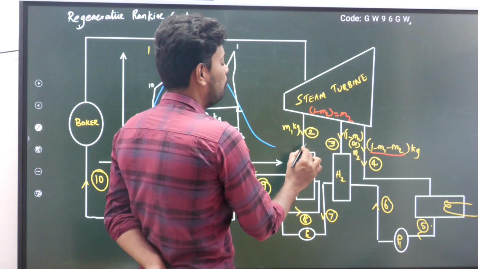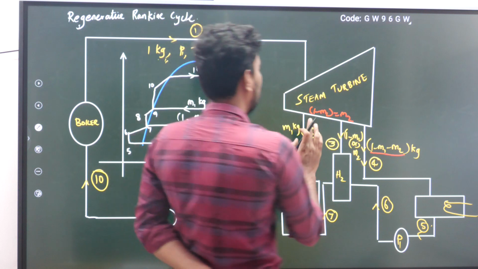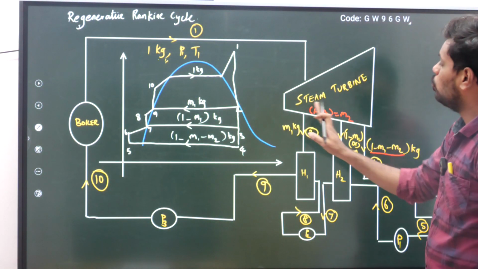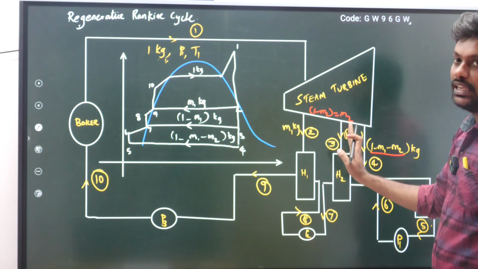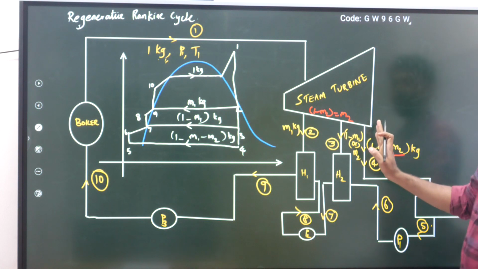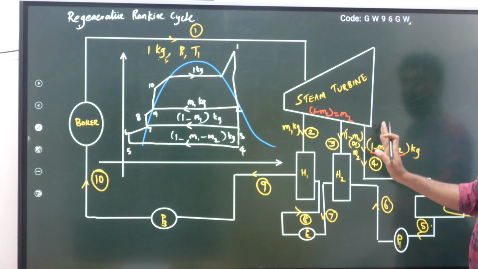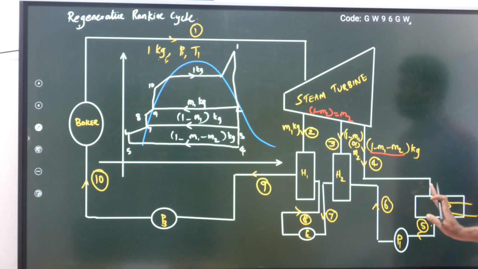Just remember, in the 1 kg of steam, m1 kg is already taken here, 1 minus m1 kg or m2 kg is taken here, and the remaining quantity, 1 minus m1 minus m2 kg of steam, is what goes into the condenser.